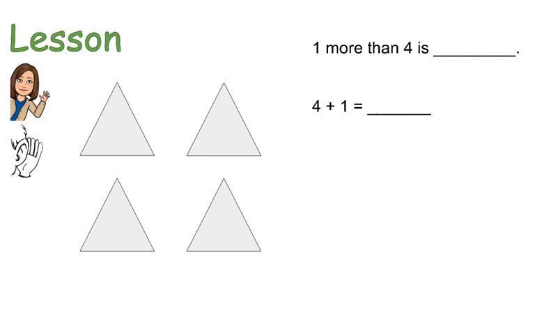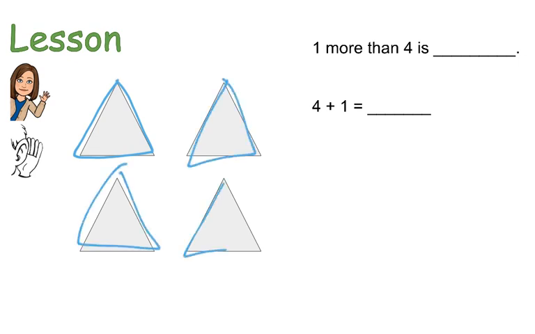Okay, so our lesson today, like I said earlier, is looking at one more. So I have here 4 triangles. 3, 4. And this sentence here says 1 more than 4 is blank. So we have to add 1 more to our picture.